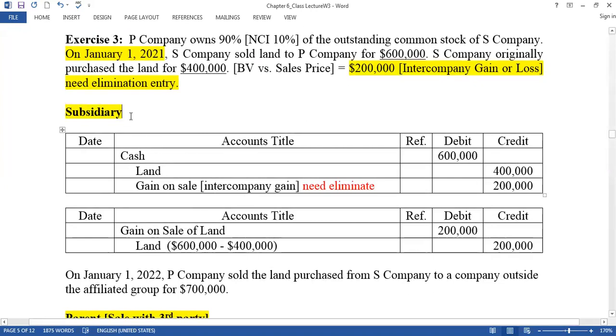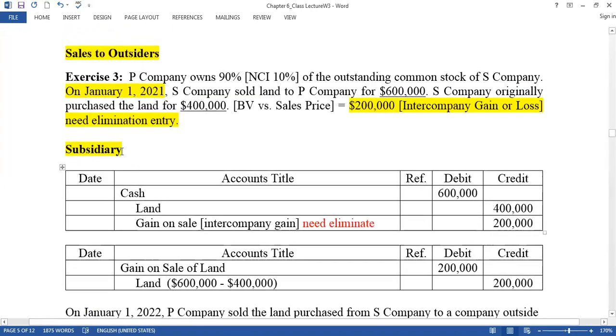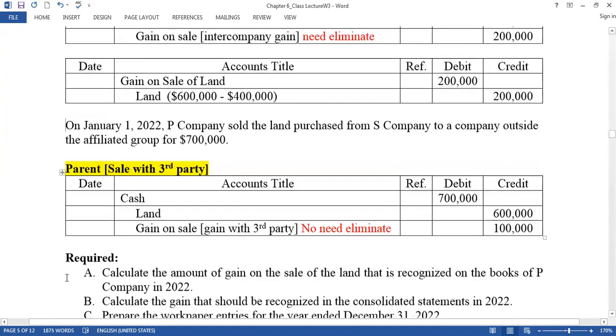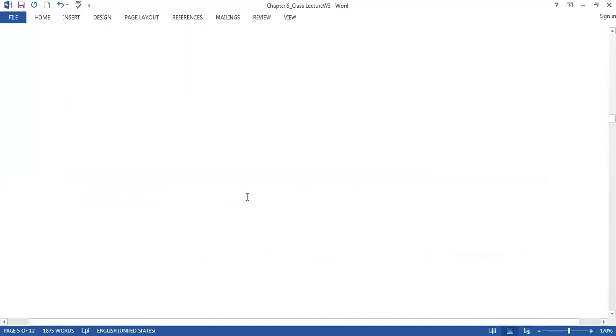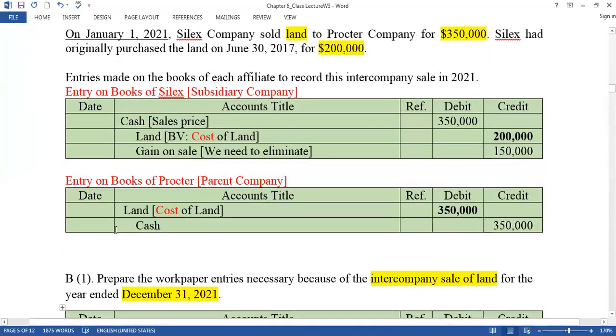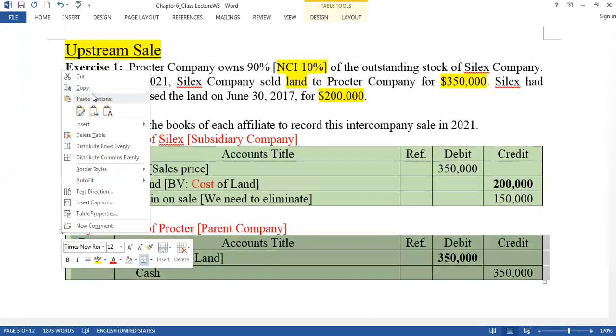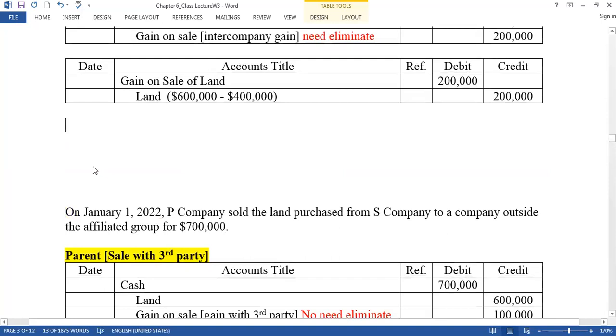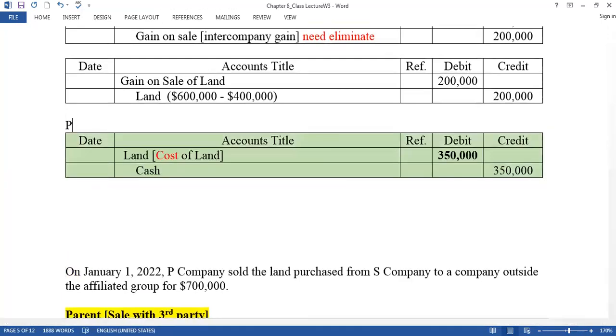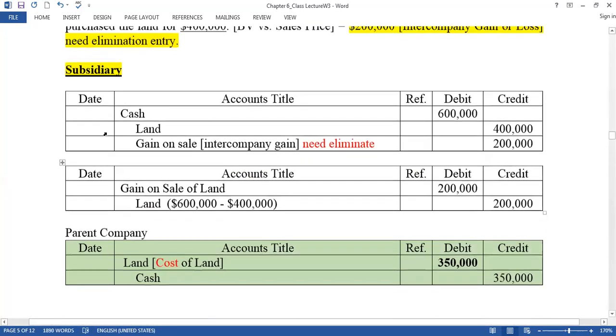Anyway, the parent company journal entry I already showed you before, and the subsidiary I also showed you before. So this is the journal entry for the subsidiary. Again, I'm going to show you some calculation that is not important. This is the parent company. That means I'm going to show how they record separately.